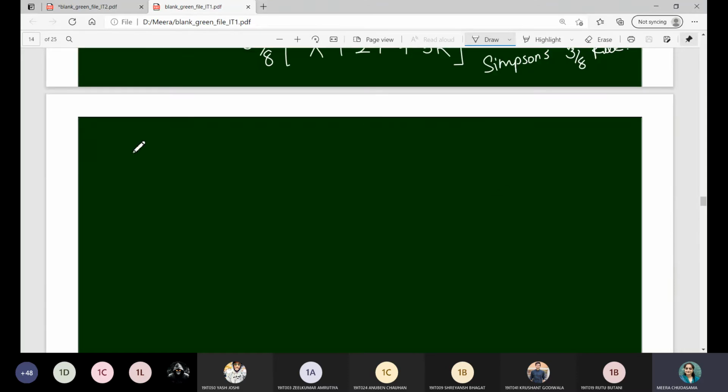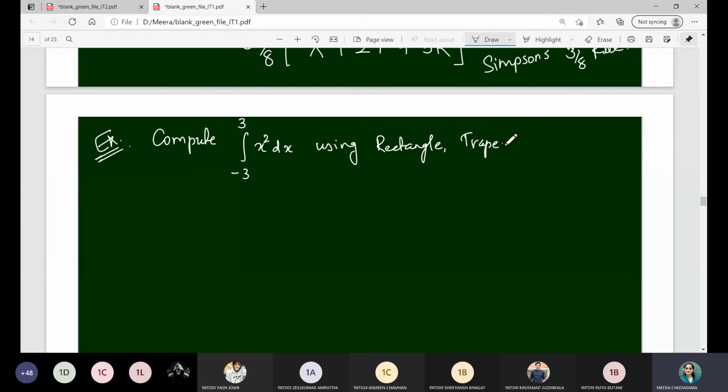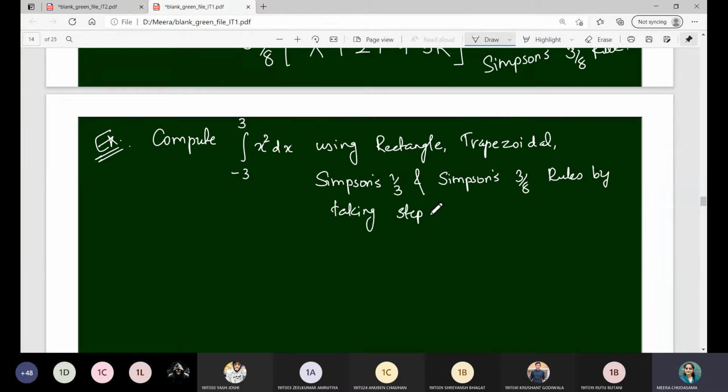Compute the integral from -3 to 3 of x square dx using rectangle, trapezoidal, Simpson's 1/3 and Simpson's 3/8 rules by taking step size 1.